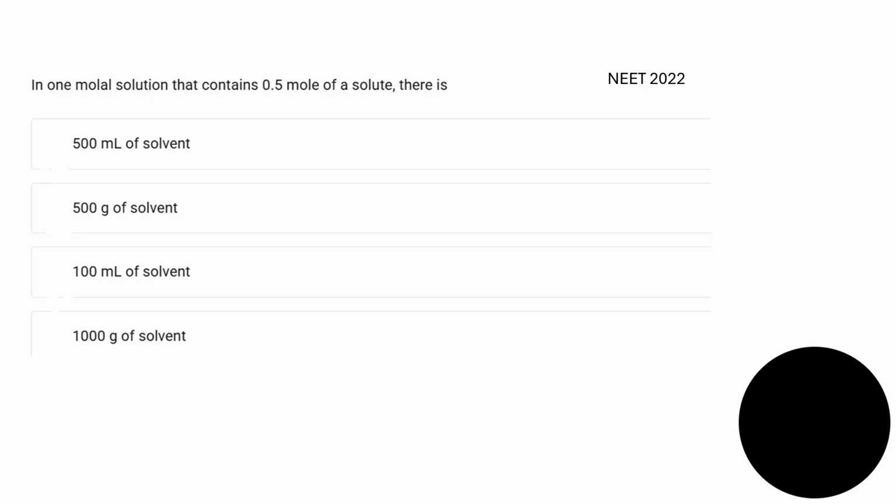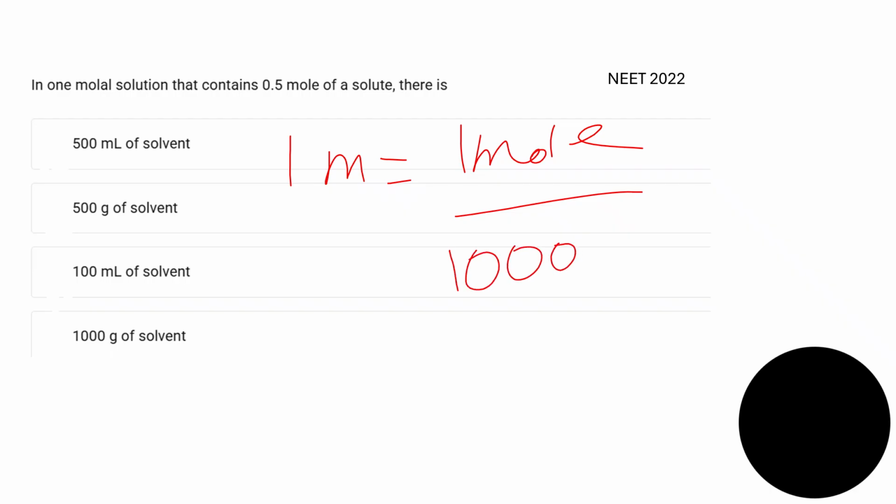In a 1 molar solution that contains 0.5 mole of a solute, that's it. Very simple. 1 molar contains 1 mole in 1 kg of solvent, but the solvent is given in grams, so I am also taking grams, 1000 grams instead of 1 kg.